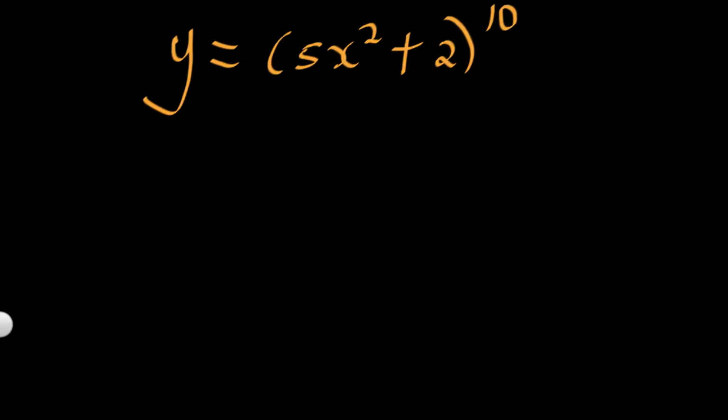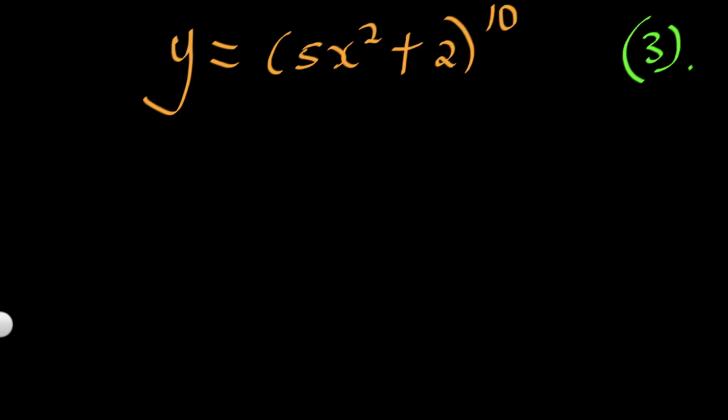Someone who is a novice can think of expanding this bracket, but guys, with a power of 10, the expansion will be so long. If you try to expand and then differentiate each term, you're going to take a long time, because this might be just a 3-mark question, even 2 marks, because it is straightforward. This is where you apply the chain rule.